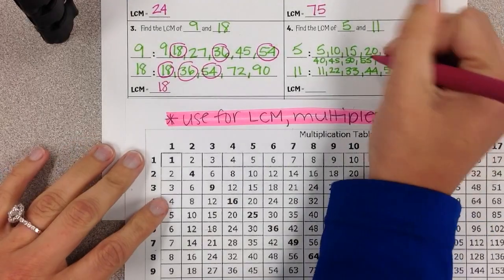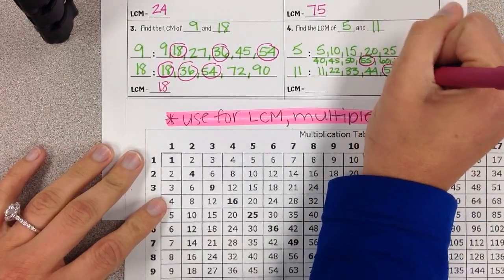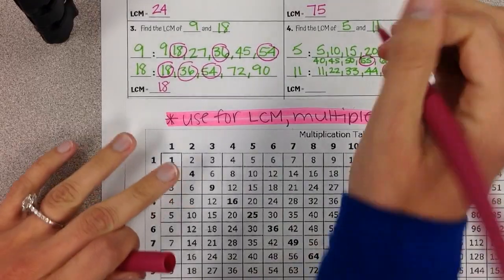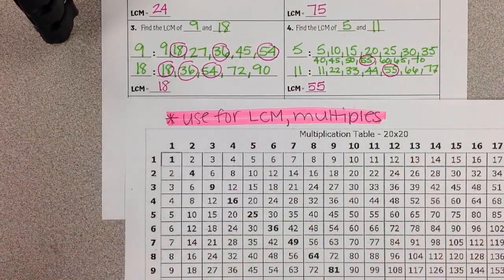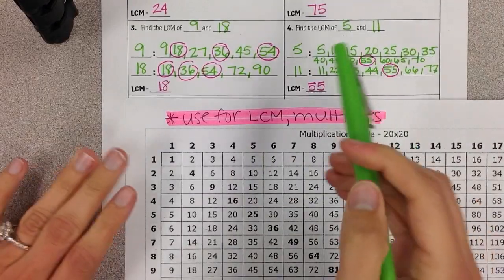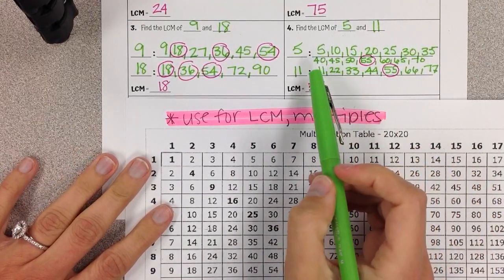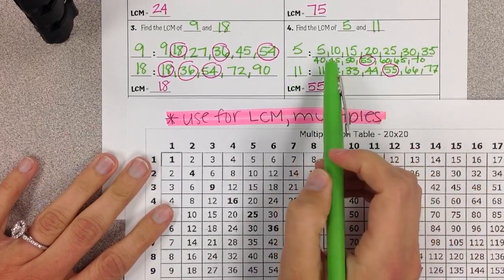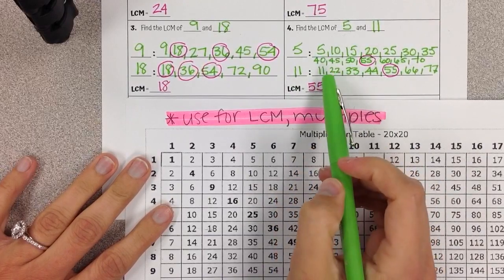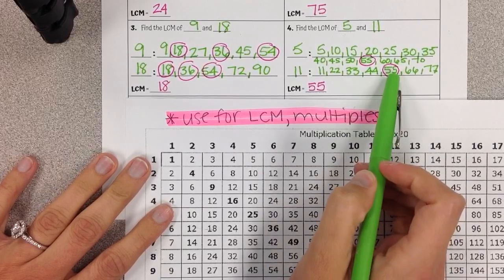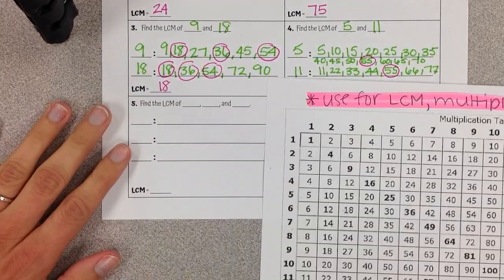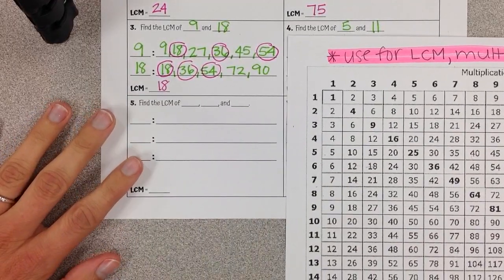Now I see this one has a 55 and this one has a 55. So their least common multiple is 55. You also might not have to write out your multiples of 5 because maybe you realize that every single number that's a multiple of 5 ends in a 5 or a 0. So you could list out your multiples of 11 until you get one that ends in a 5 or a 0.